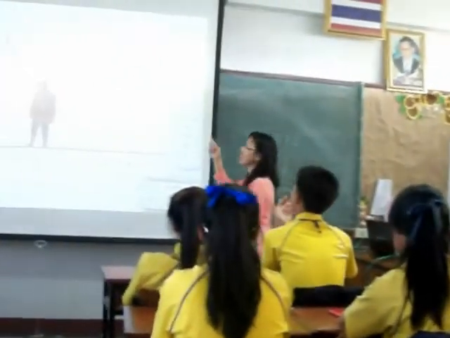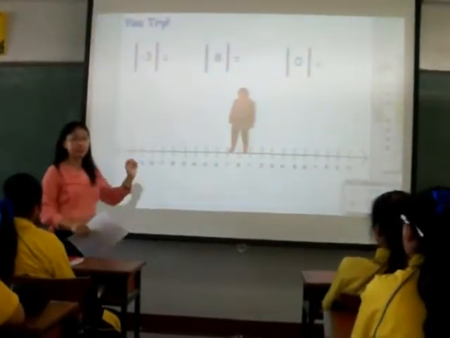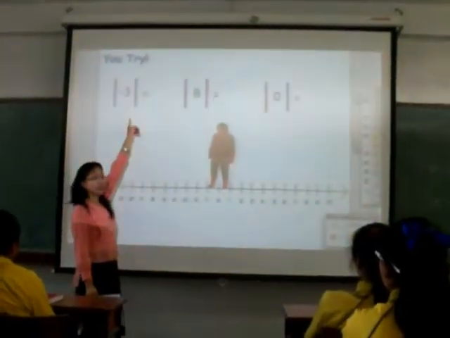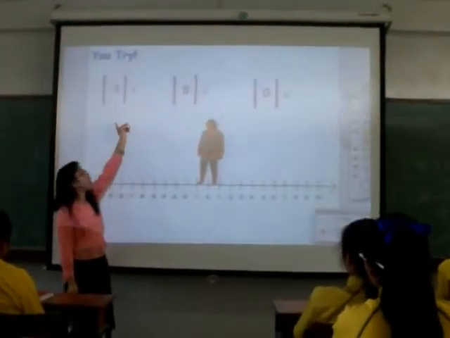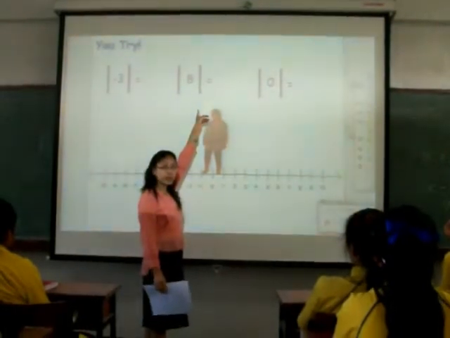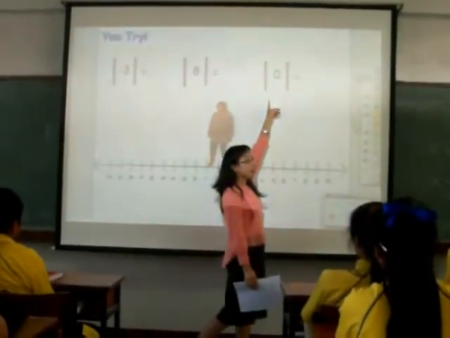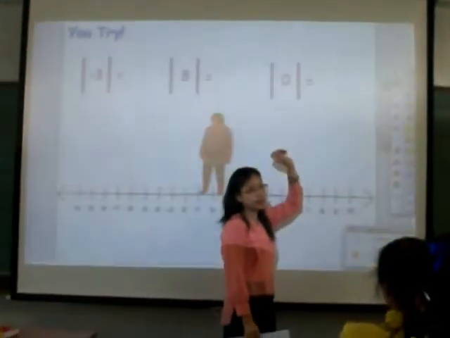Number 1. The absolute value of negative 3 is 3. Number 2. The absolute value of 8 is 8. And the absolute value of 0 is 0.